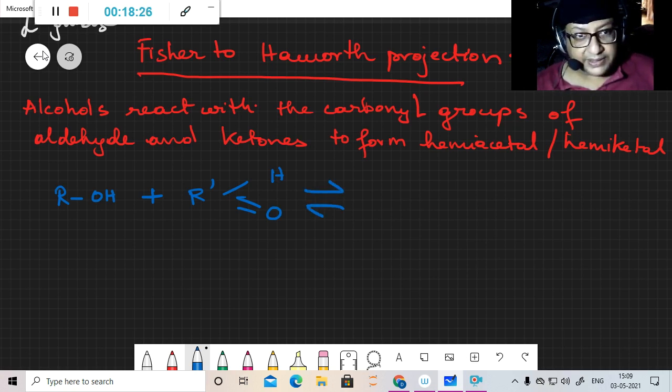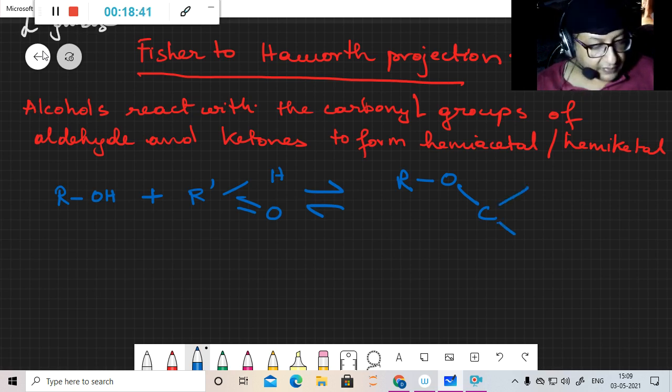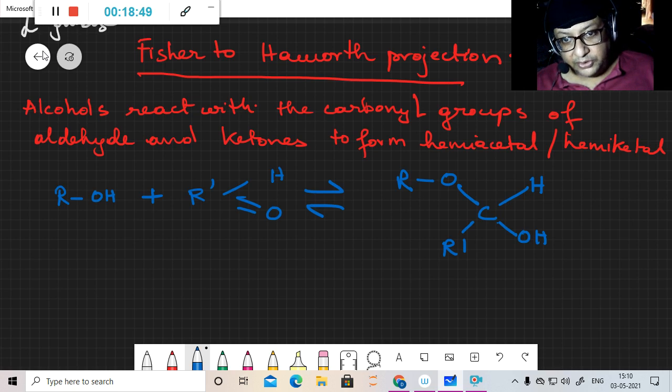What happens is, in this reaction, it forms R O. This compound which is formed, this is known as the hemiacetal.